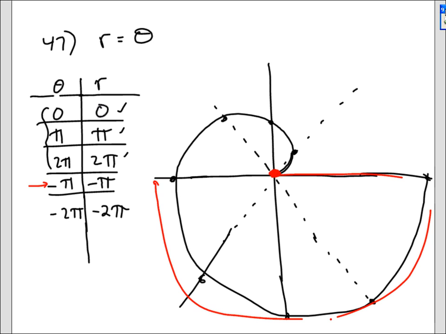So I'm at the correct angle. That is, I'm along this line. How far along this line? Negative pi. That means go the opposite direction. Go here. I mean, if you think about it, what you're going to get are these points if you go reverse. You're just going to get those points. It's going to be the mirror image.